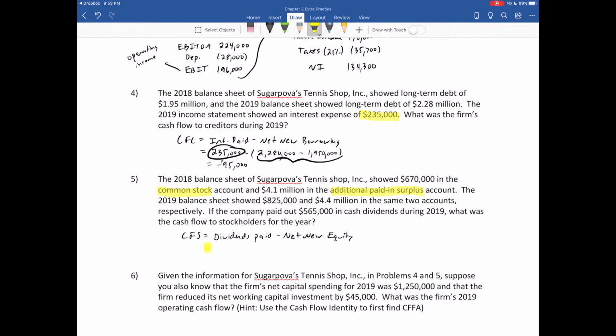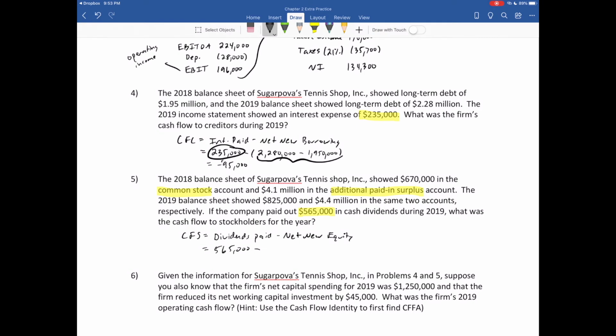So here, for cash flow to stockholders, getting back to the problem, dividends paid was provided at $565,000. So they paid out $565,000 in total for dividends paid, and then what we need to do is calculate the net new equity raised.